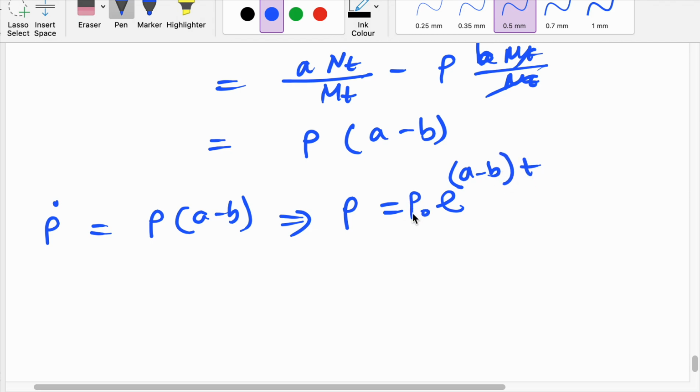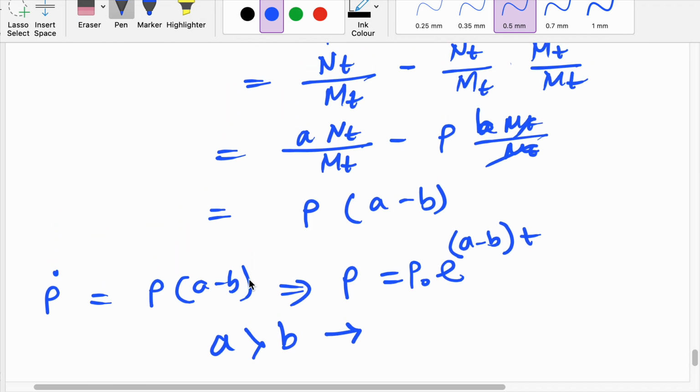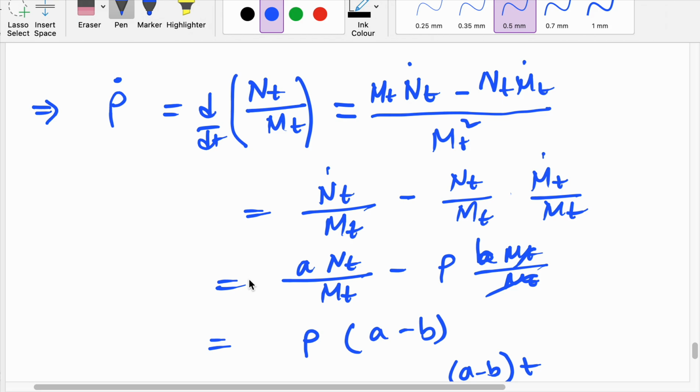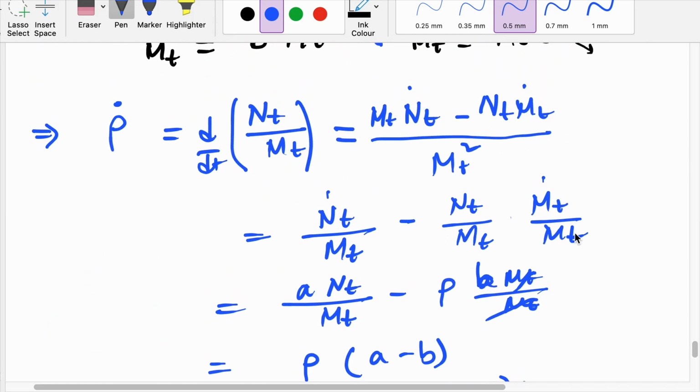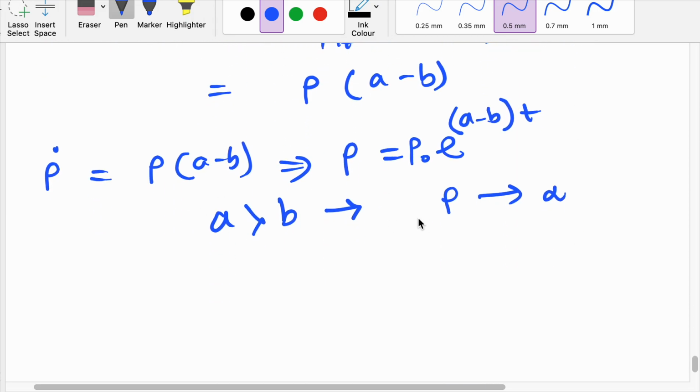into rho 0. Now if a is greater than b, then rho will go to infinity. That means relatively n grows in the population; relative to m, you will find lots more of n than m if the reproduction rate a is higher.